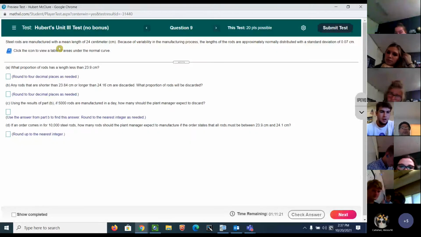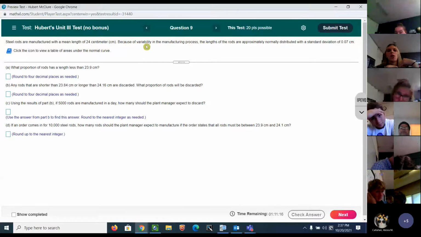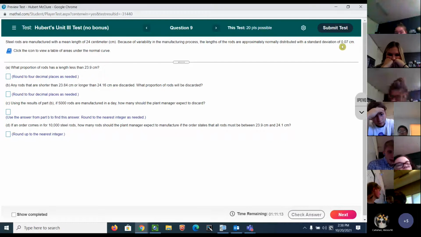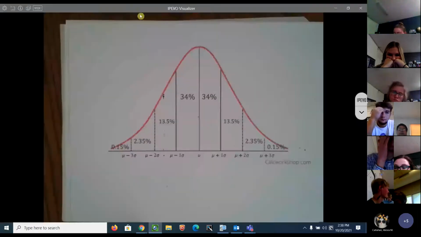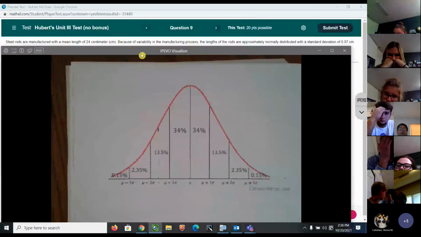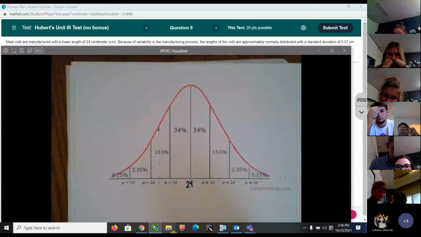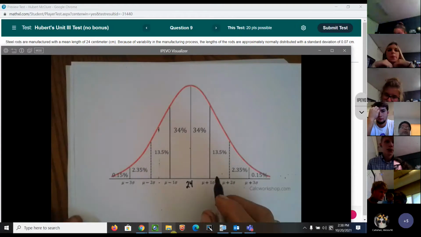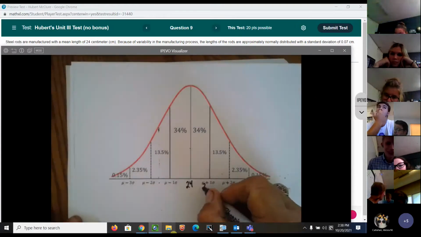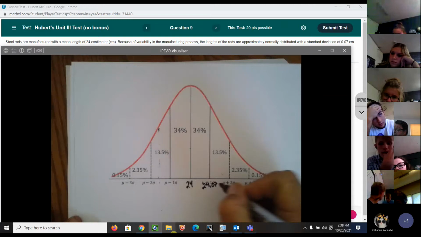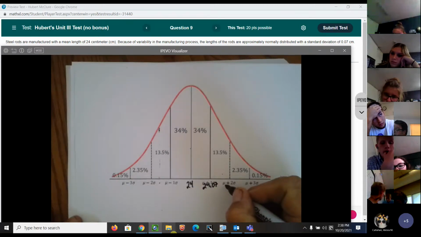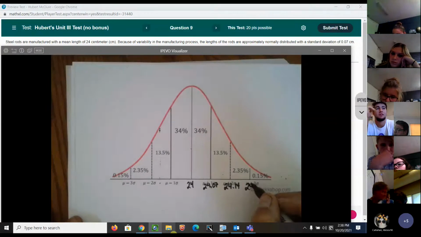Steel rods are manufactured with a mean of 24 centimeters, and the variability of the lengths is normally distributed. Okay, this is a curve. So 24 centimeters is in the middle. And we've got 0.07, so 24.07, and 24.14 and 24.21.